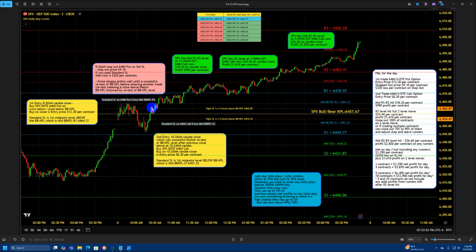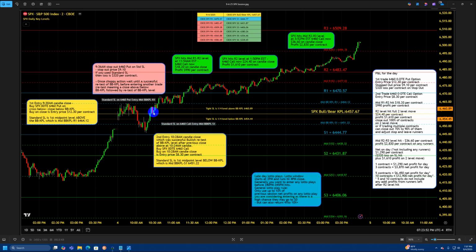Then, as you can see, we got a reversal, which is almost the mirror image of this, and then we have this candle here. That is the successful retest of this level. Okay, so this candle here is the 10:28 candle. This candle here is the 10:24 candle. So that's 10:24, this red candle is 10:26, and this is 10:28.